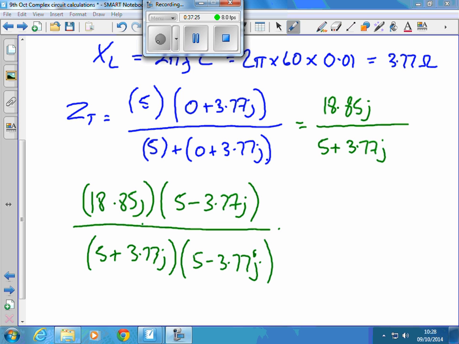Because 3.77 times minus 3.77 is a negative number, but then that's multiplied by J squared, which is minus 1. So you end up with two positive numbers added together there. Right? So the result of that bottom is 5 squared plus 3.77 squared. And the result of the top is a bit more messy than that.